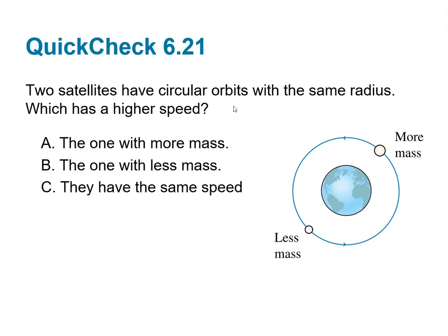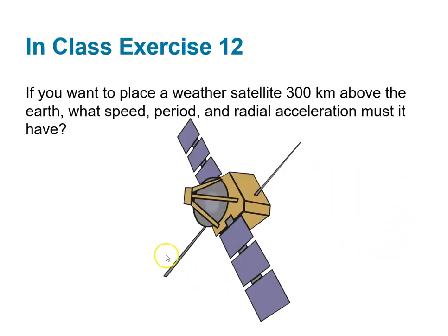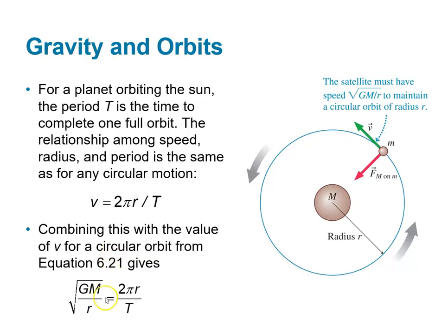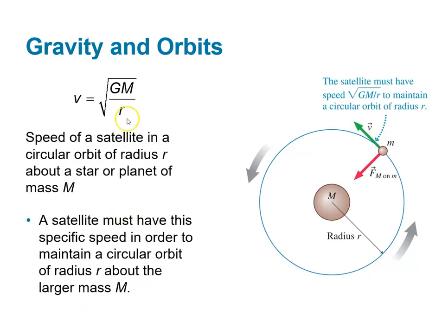Okay, so two satellites have circular orbits with the same radius. Which one has the higher speed? Okay, so we know that if they have the same radius, if you look back at this equation for speed, mass of the satellite is not part of that equation.